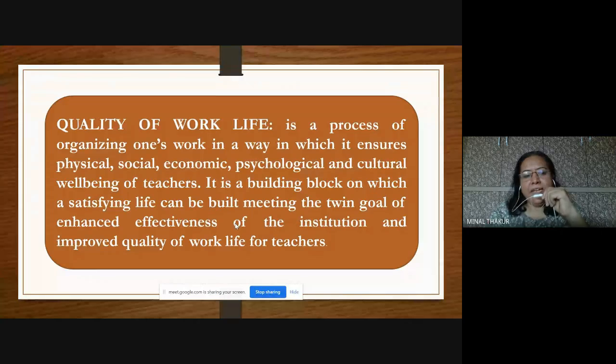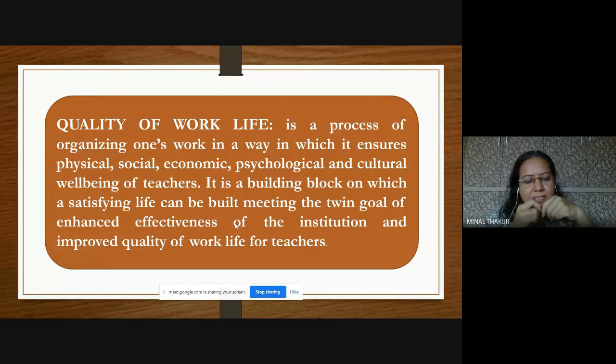Then it is a building block on which a satisfying life can be built, meeting the twin goal of enhanced effectiveness of the institution and improved quality of work life of the teachers. So quality of work life settles on two goals. One is that your institution should also improve and enhance because you, as a full-fledged teacher, are working in that institution, and second, you should also improve upon your quality.